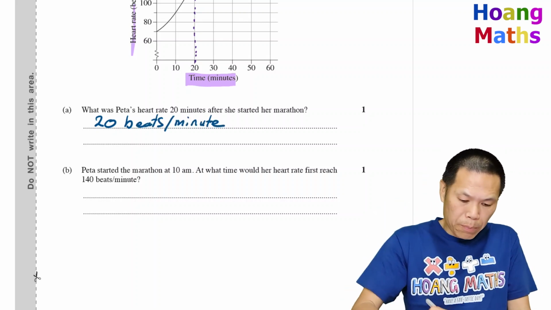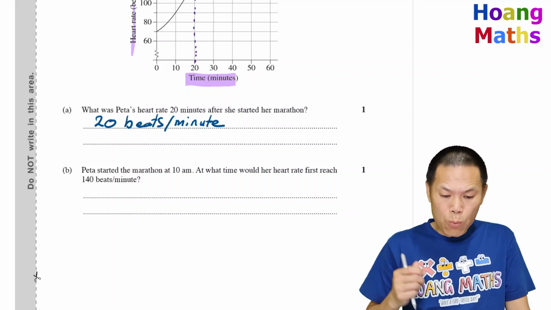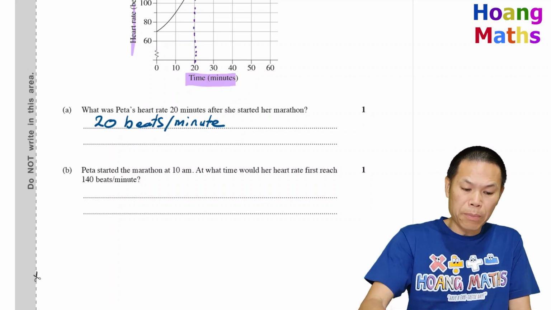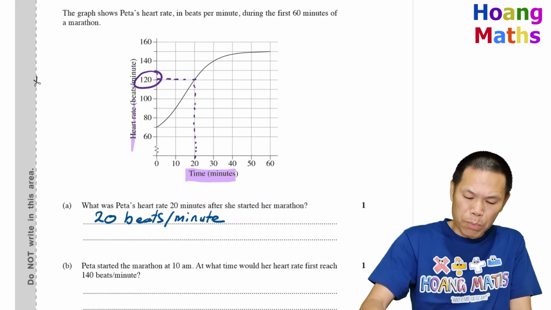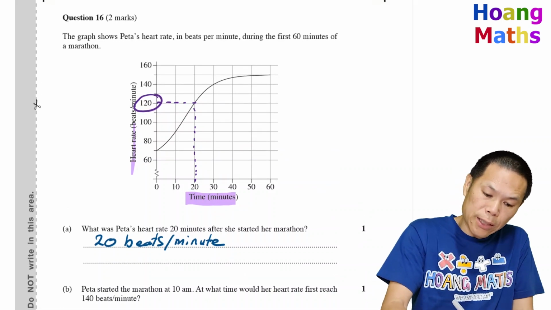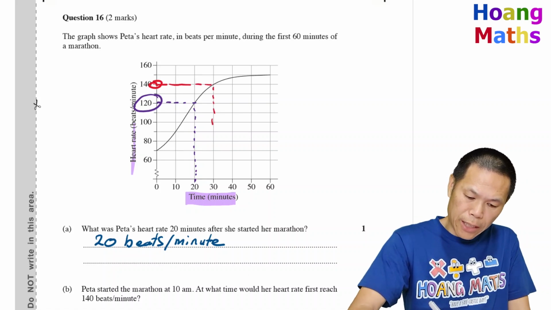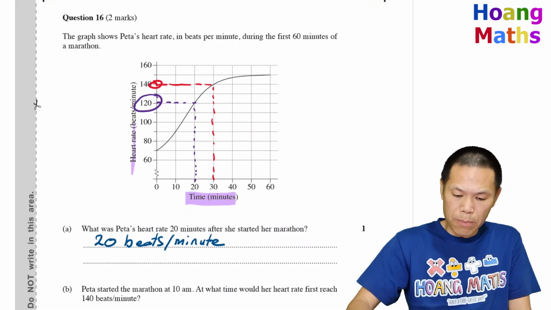Part B. Peter started the marathon at 10 a.m. What time would her heart rate first reach 140 beats per minute? So for heart rate 140 beats per minute, it's here. We go across and look at the time. That is 30 minutes after she started the marathon.